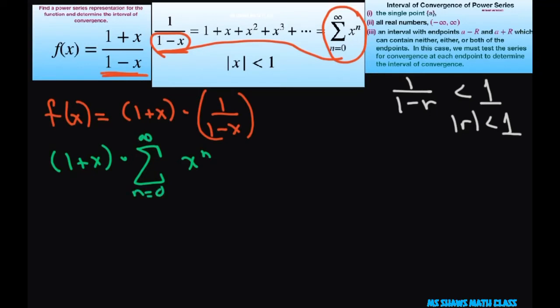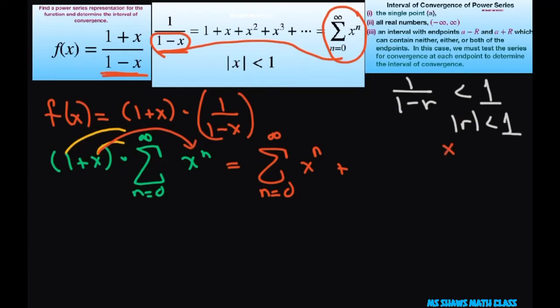All right. Now, I'm going to go ahead and distribute the 1 and the x. So this is going to equal, when I distribute the 1, the sum from n equals 0 to infinity of x to the power of n, plus, now I'm going to multiply the x times x to the nth.